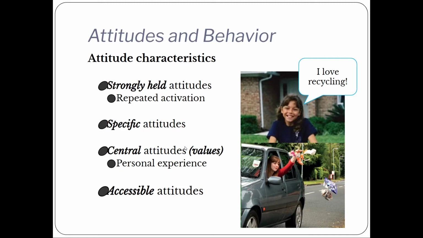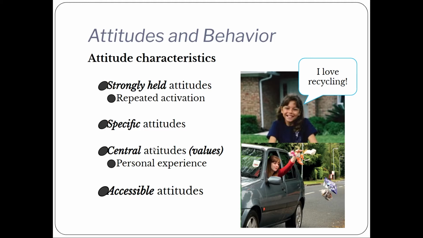And finally, like we have discussed, an attitude that is more accessible in the moment. For example, it might be cued by something from the environment, or you might be primed with an attitude that makes the mental representation of this attitude more accessible. Then you're more likely to act in line with that attitude in that situation.